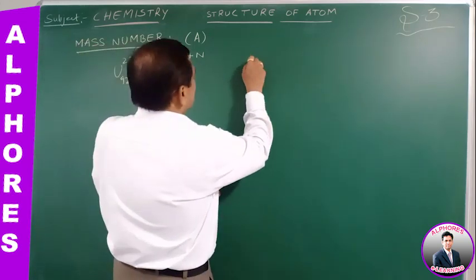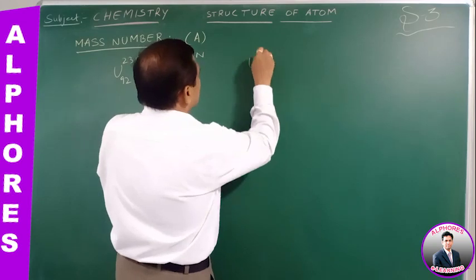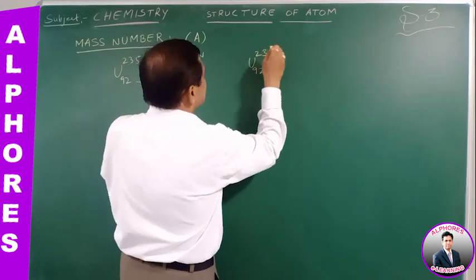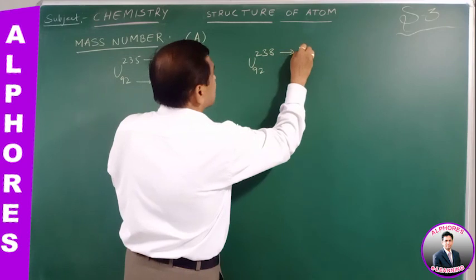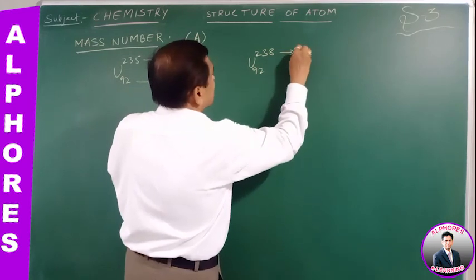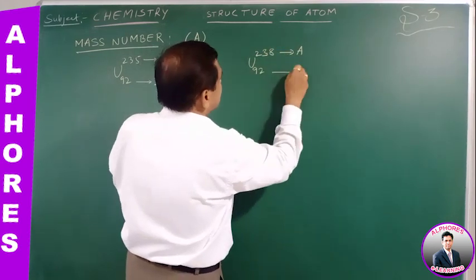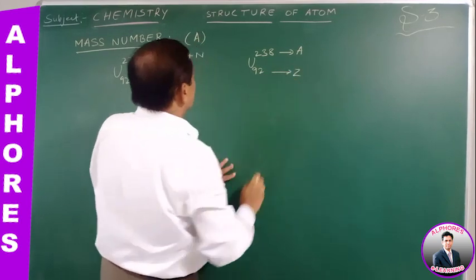Next, another example, let us take uranium 92-238. In this, the mass number is 238, and this represents the atomic number.